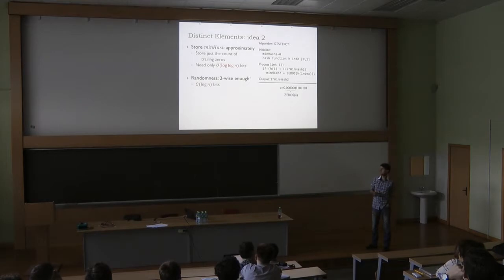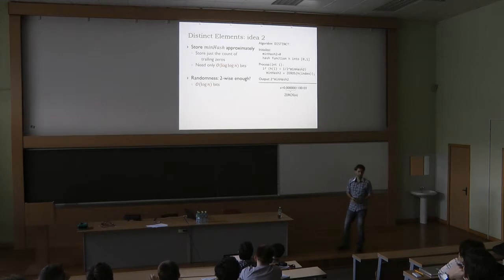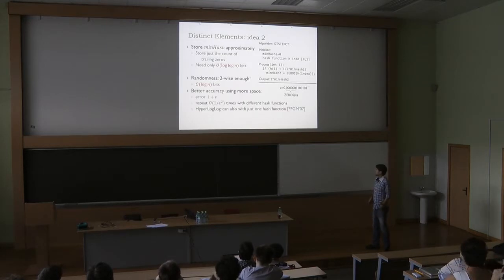For this, we might need something like order log n bits, where n is the total number of entries in the stream, so the length of the stream, the number of elements together with the repetitions and everything. So it's log n bits. If you count the randomness together, you need another log n bits.